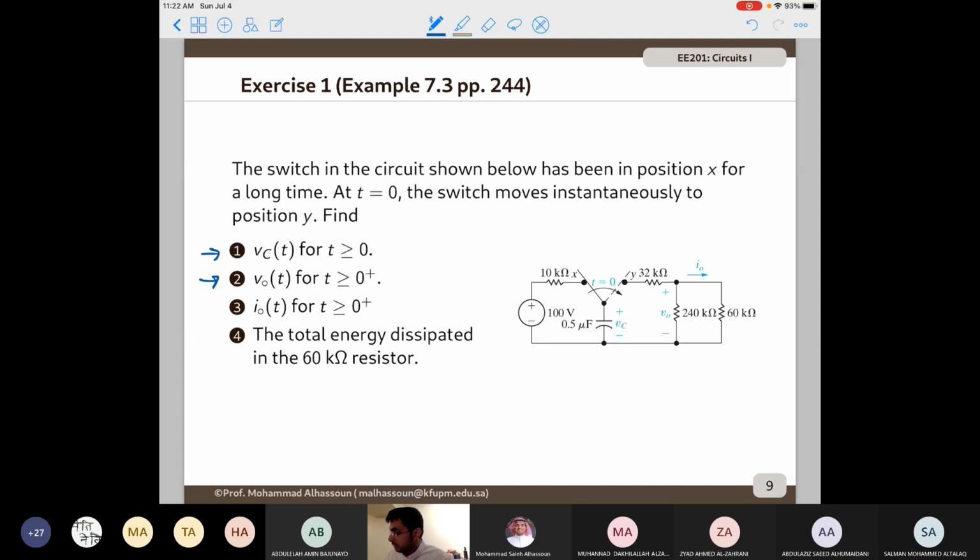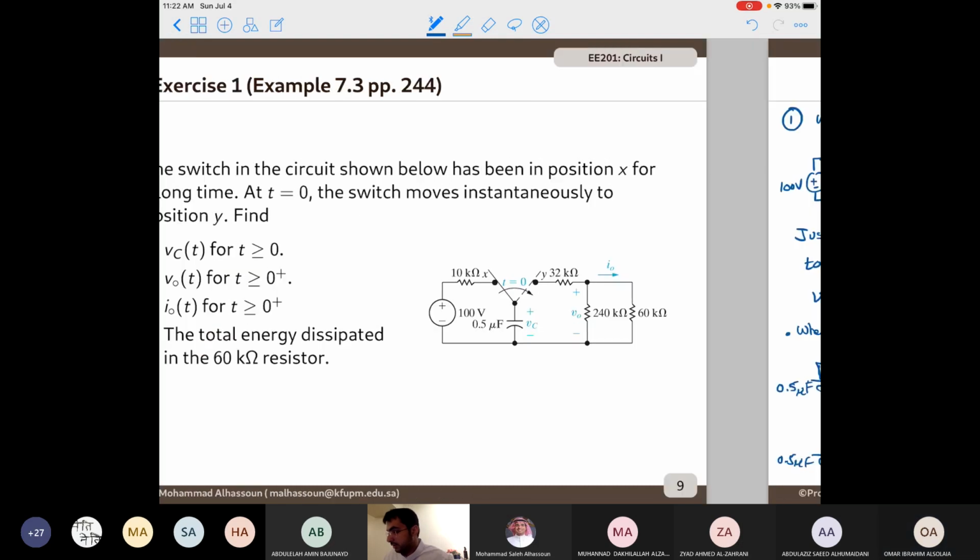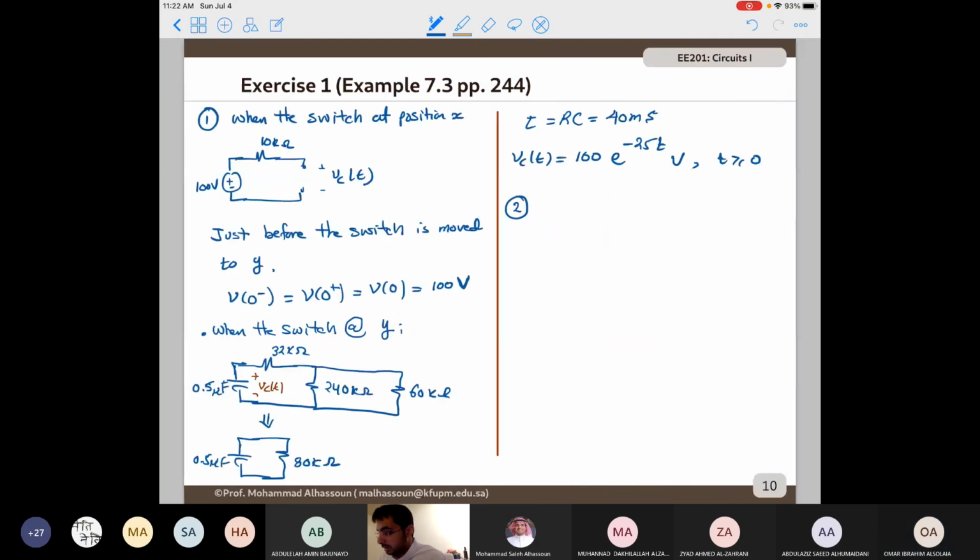Maybe using the current divider, voltage divider. Yes. So we use the voltage divider. In this case, I have the equivalent resistance of 60 and 240, which is going to be 48.